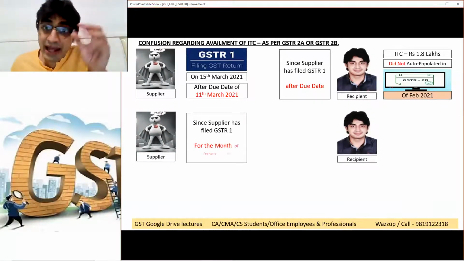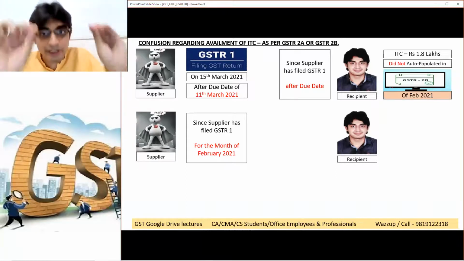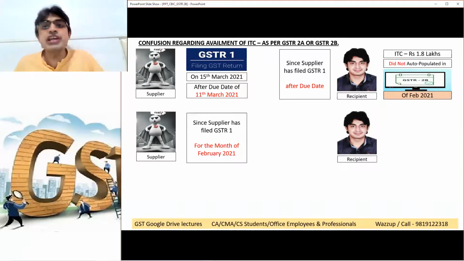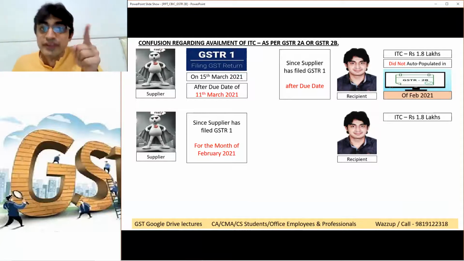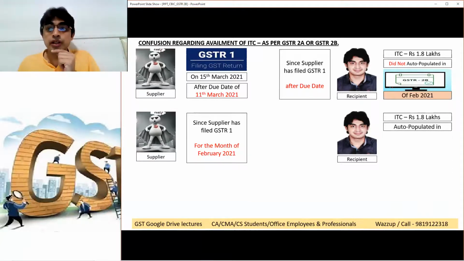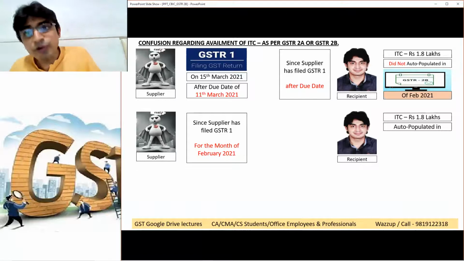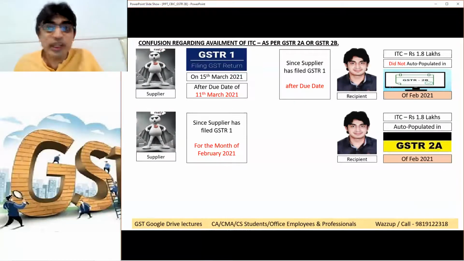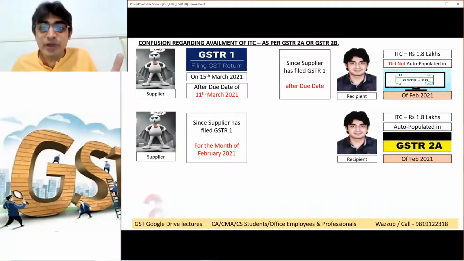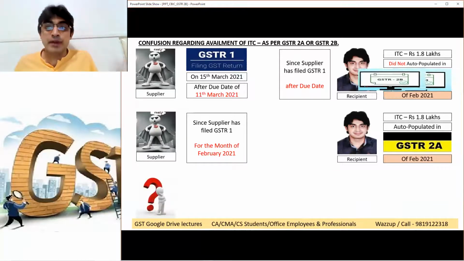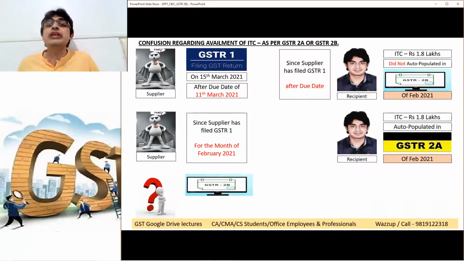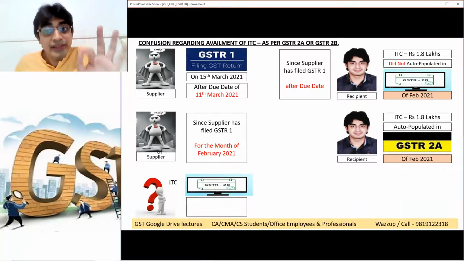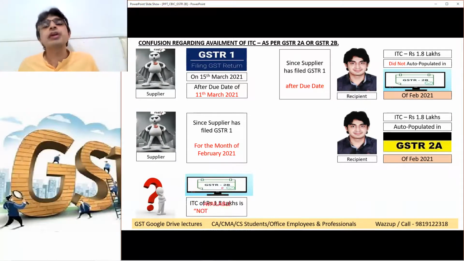Now since the supplier has filed GSTR 1, late but he has filed. Since he has filed GSTR 1 of Feb 21, this ITC of 1,80,000 is auto populated in my GSTR 2A of Feb 21. So what is happening here? Look at the problem. In my GSTR 2B of Feb 21, this ITC of 1 lakh 80 is not available.